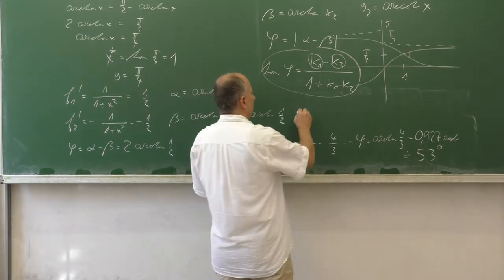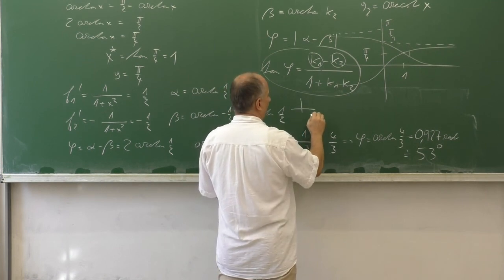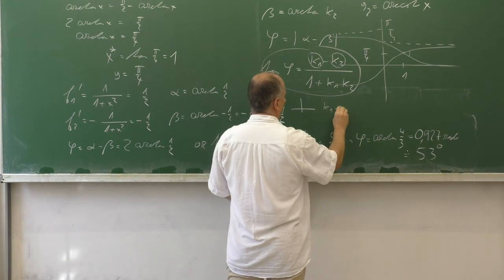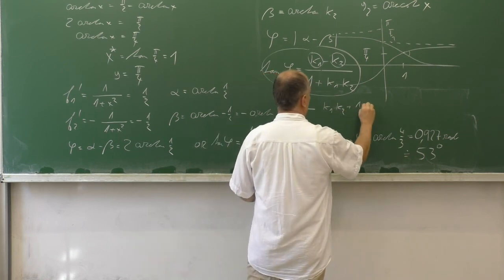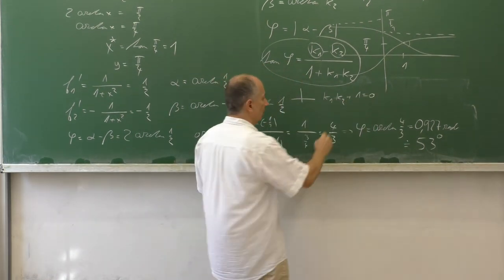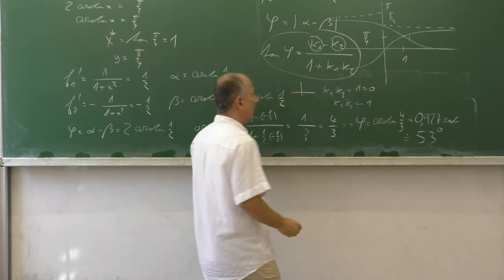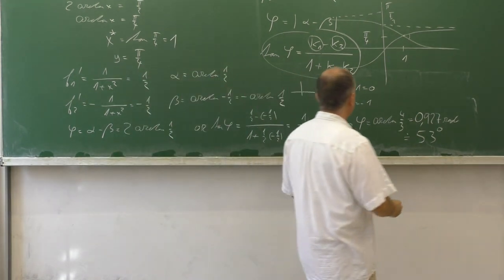So, for two lines which are perpendicular, the product k1 times k2 plus 1 must be 0. That means k1 times k2 must be minus 1. So we come to the important formula.